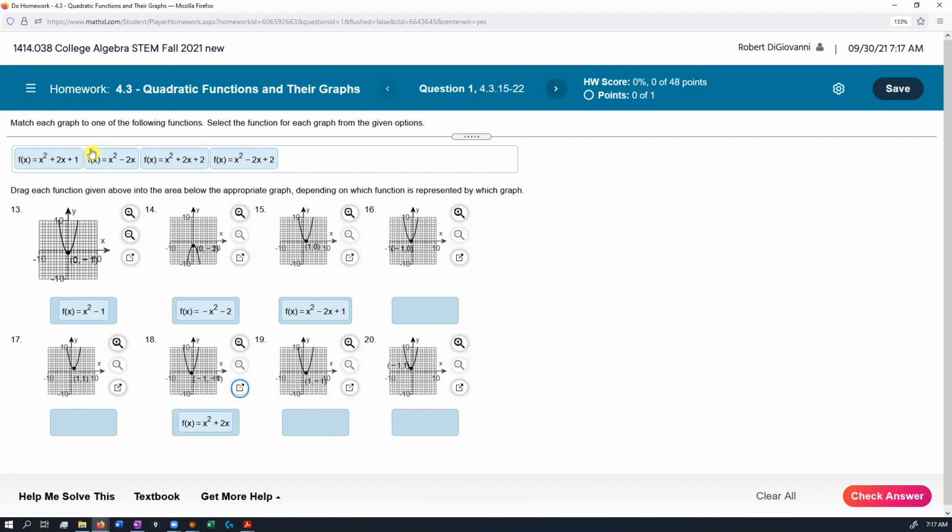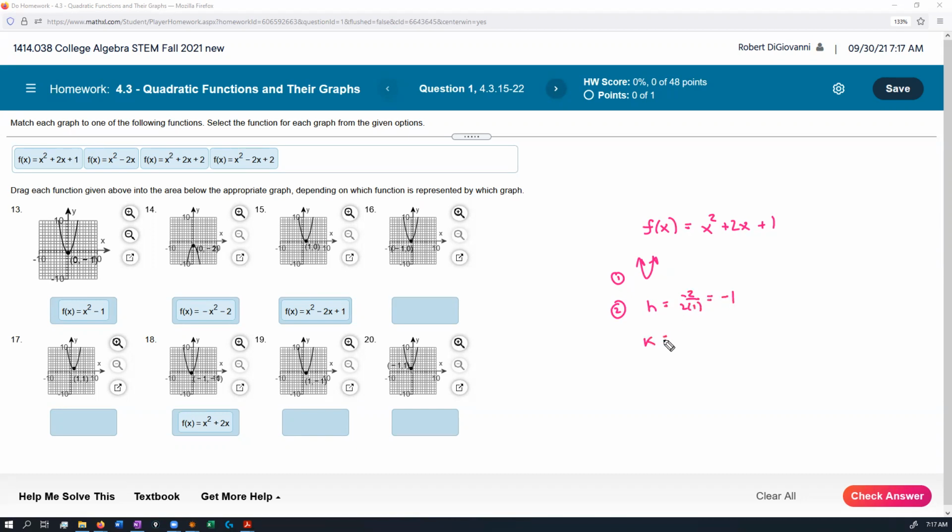Okay, the next one is f of x equals x squared plus 2x plus 1. Okay, it opens up. I know that the vertex is going to be h is negative 2 over 2 times 1. That gives me negative 1.